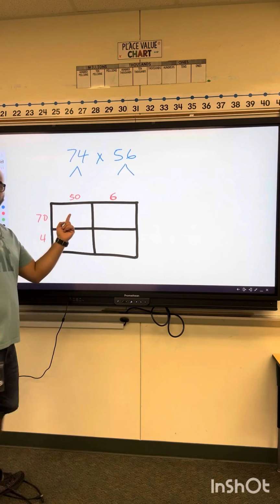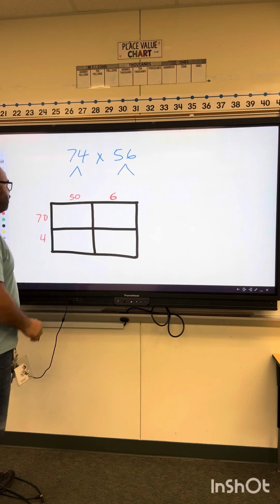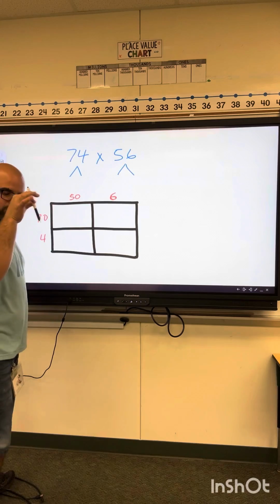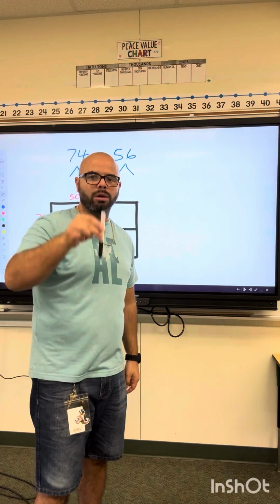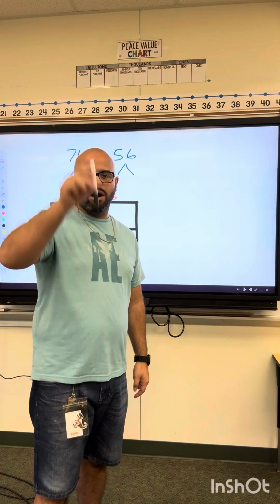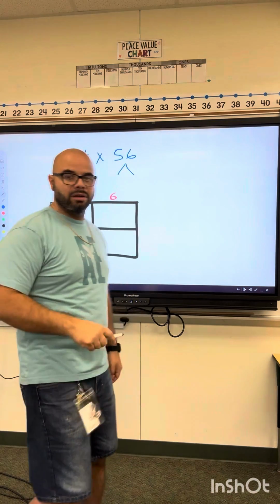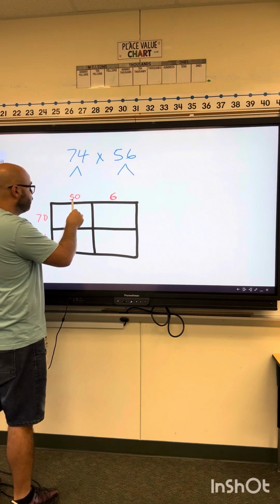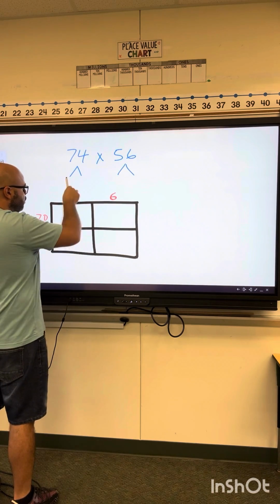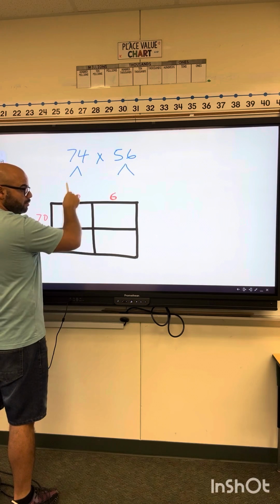This is the first box that we go to first. I usually tell them, use your pencil to tell you what two numbers my pencil is touching up and down and side to side. So first, let's do up and down. I'm in this box right now, I'm going to go up and down. What number am I touching? 50.